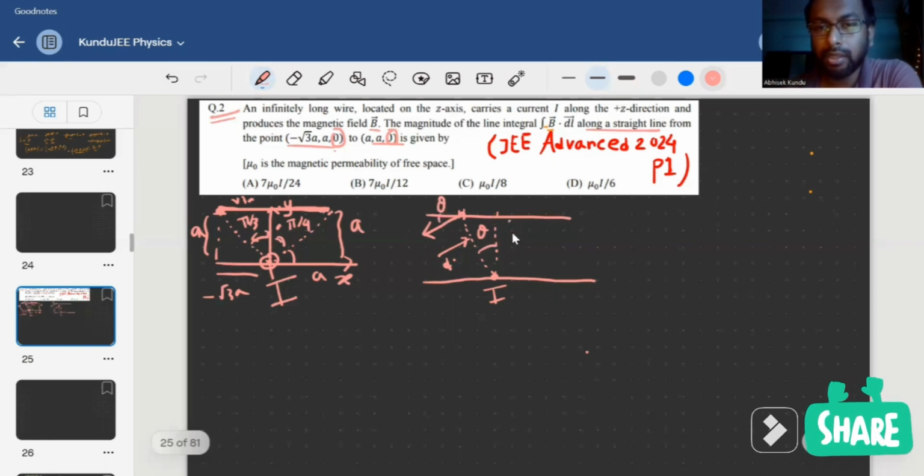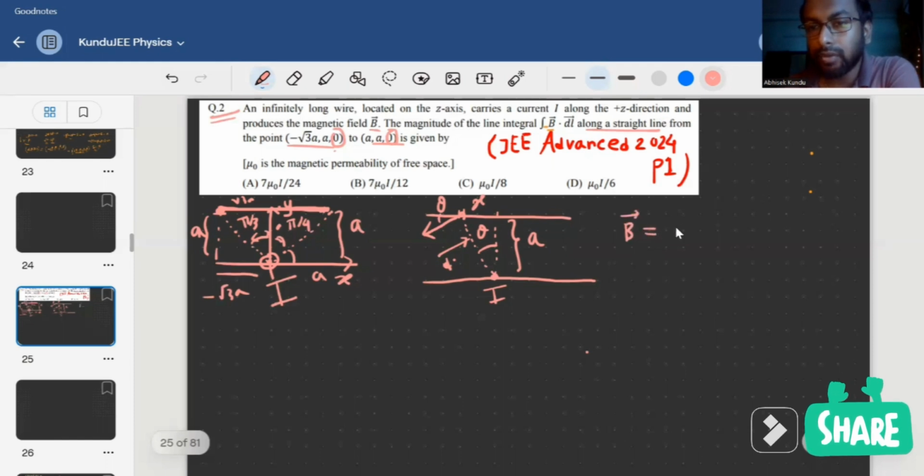This is a, because for the wire, the y distance from the origin is always the same, a. Let's say this is x. So what is the value of the magnetic field?